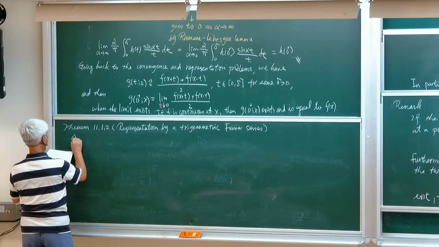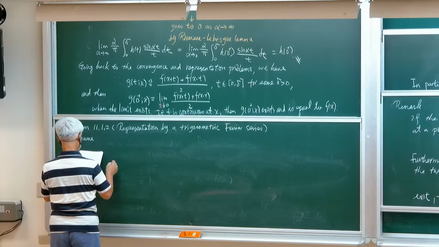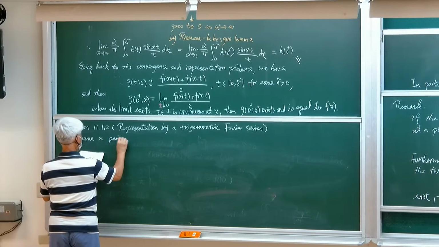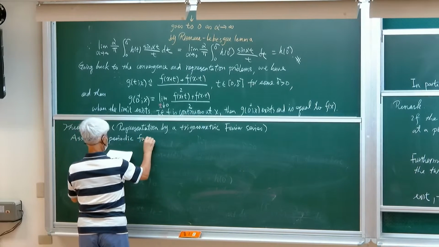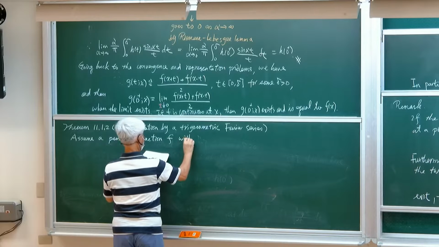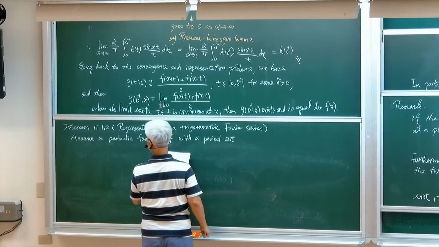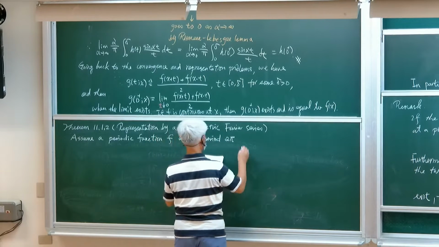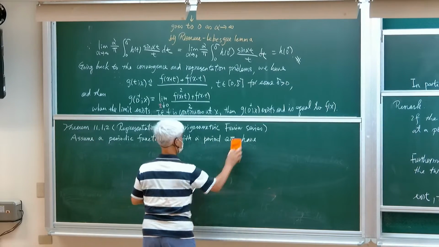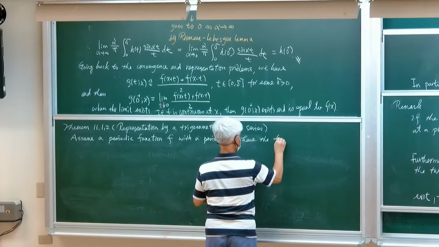Assume a periodic function f with a period 2 pi have the following properties.